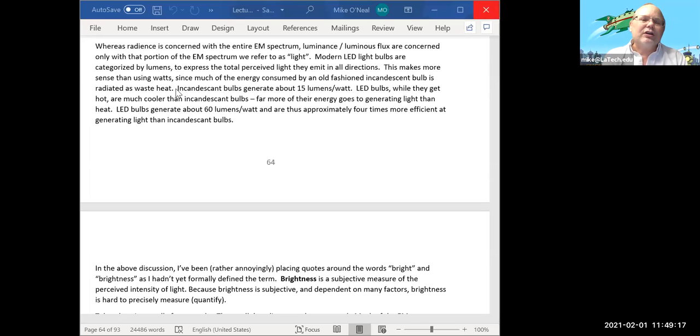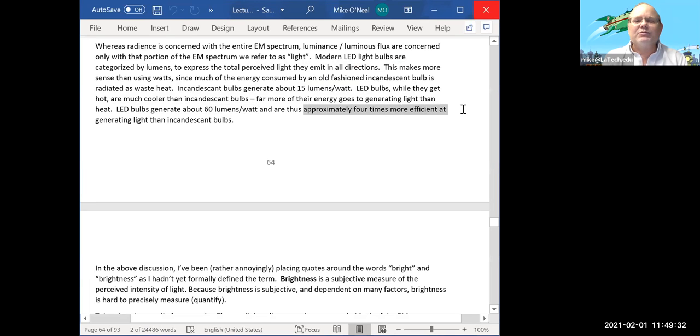And all that means is basically that LED bulbs are more efficient. Incandescent bulbs generate about 15 lumens per watt, where LED bulbs generate about 60 lumens per watt. And so they're about 4 times more efficient at generating light.